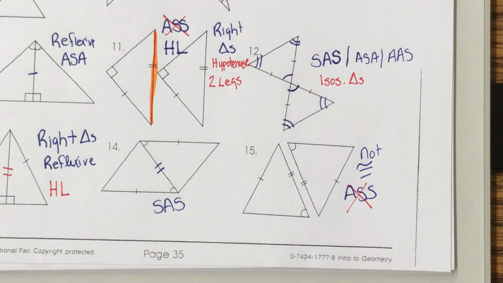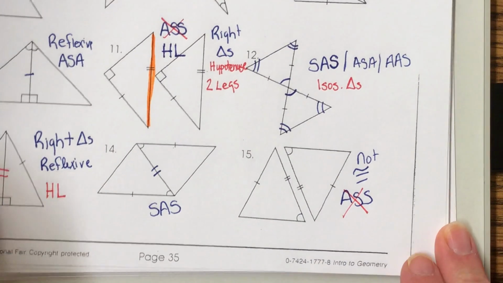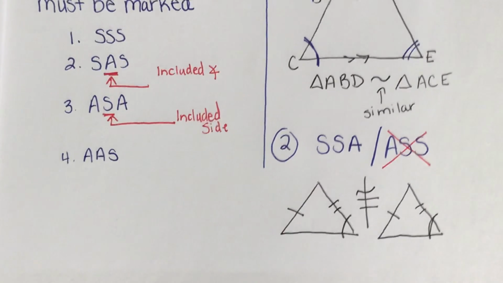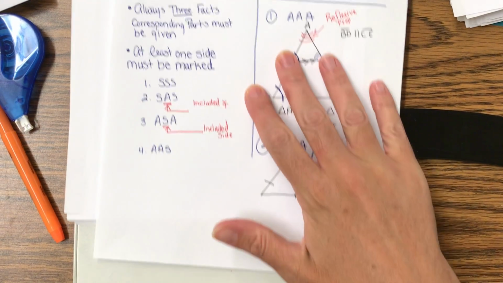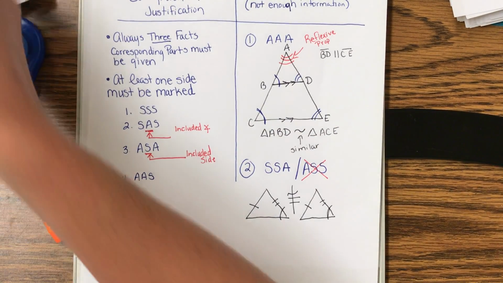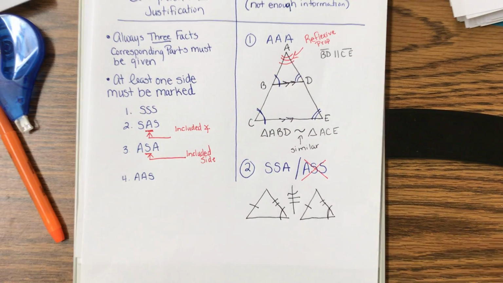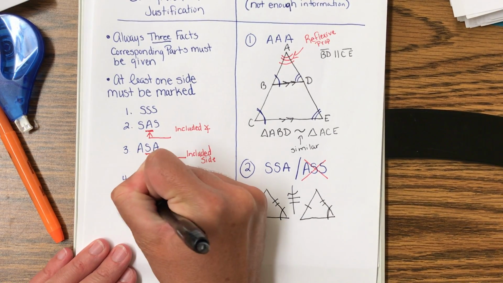So let's go back and recap what we've learned. Going back to our justification table, we're now going to add a fifth congruency statement onto our table. The fifth one that we're going to add is hypotenuse leg.